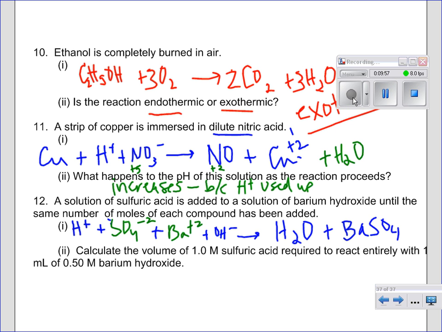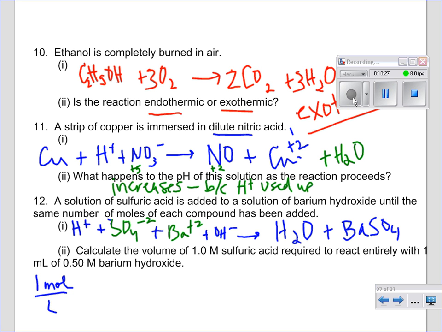Calculate the volume of 1.0 molar sulfuric acid. So we actually need to make sure this is balanced before we do this. 1 barium, 1 sulfate, and 1 water. So that looks totally balanced. Is it balanced? Yeah, it's balanced. So we have 1 molar sulfuric acid, so we have 1 mole per liter.